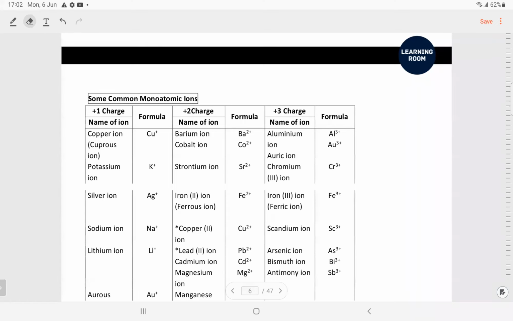Why have I filled it in this way? Why have I drawn it in this way?